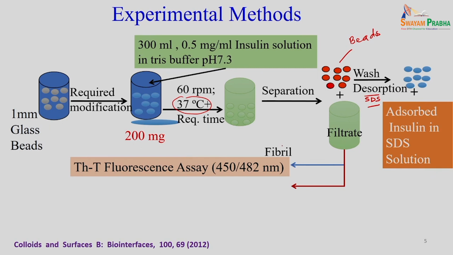For the aggregate, as we discussed, we perform the ThT fluorescence assay, which particularly binds to the aggregates and gives enhanced fluorescence at excitation and emission wavelengths of 450 and 482 nanometer. For the residual insulin we can simply perform a colorimetric method like a BCA assay, or sometimes, if the aggregation makes it turbid, we can measure its absorbance as well.